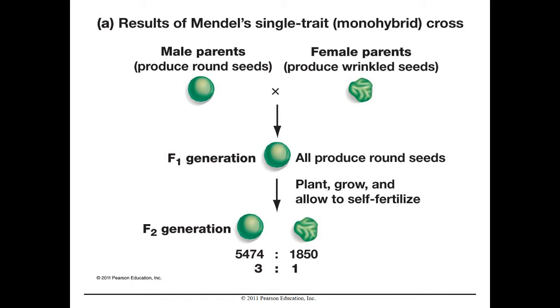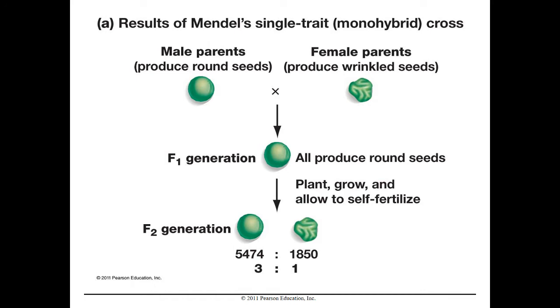If the first hypothesis were correct, what you would see in F1 would be a phenotype that looks between the two. It's not exactly round, but it's not exactly wrinkled. Maybe a less wrinkled seed like this, but it's not. F1 looks exactly like the round seed parent. So he figured that tells you the first hypothesis is incorrect.